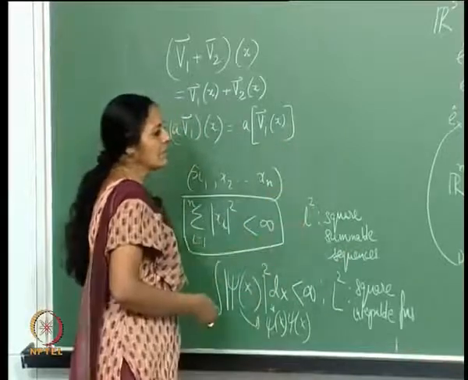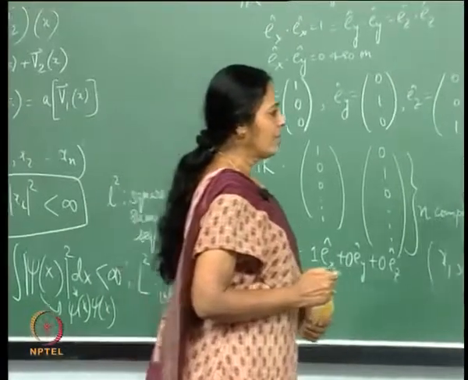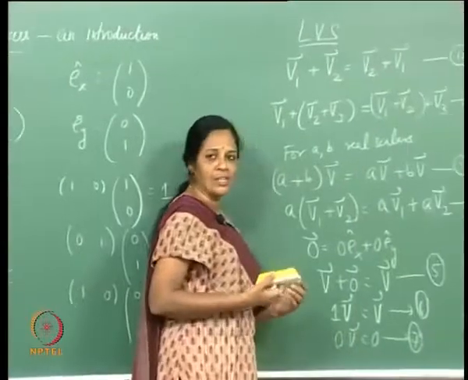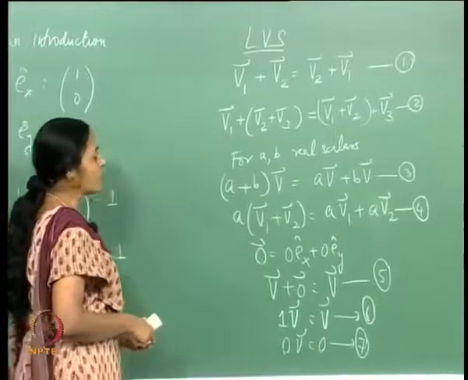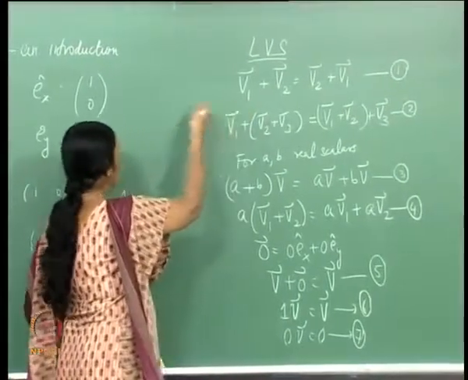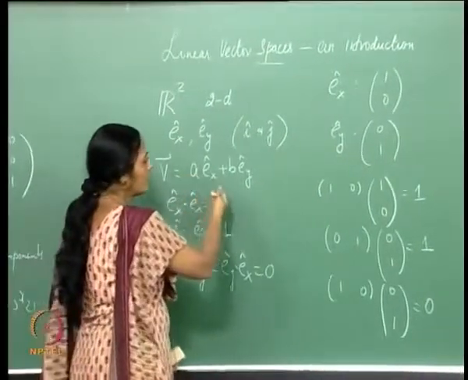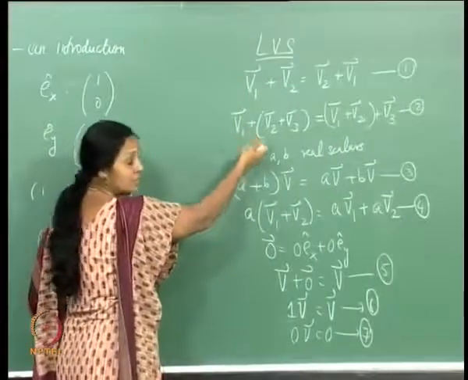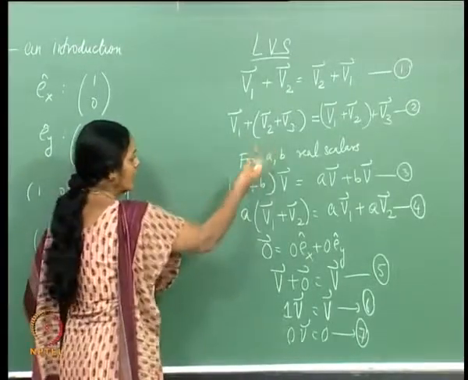So there are very many examples of linear vector spaces. The point is, one should be able to define addition and multiplication by scalars in such a fashion that these properties are satisfied, be they vectors of the kind that we know of in R2, or columns, or functions. We should be able to define addition of functions and so on.